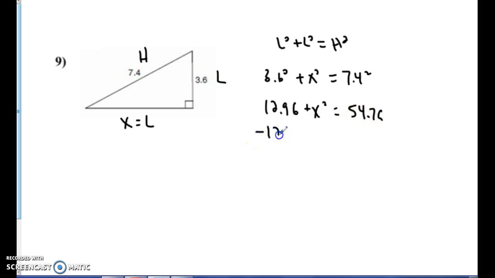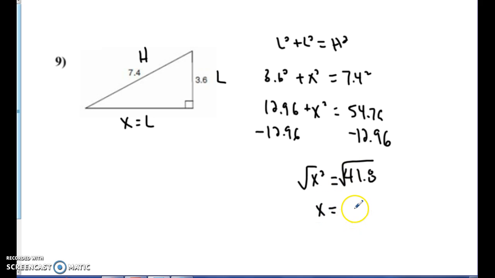I'm going to subtract 12.96 from both sides, and I get 41.8. That's what x squared is. I'm going to square root both sides, and I'll just round it, and I get 6.5 is that missing side.